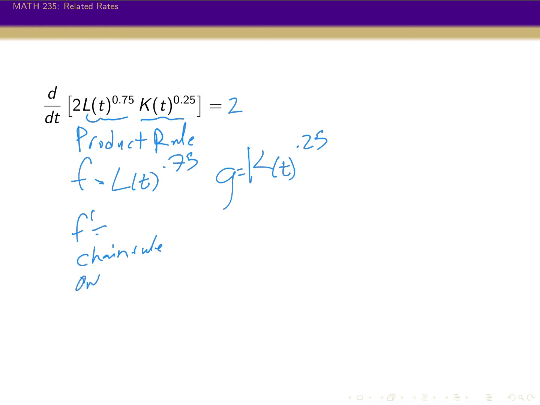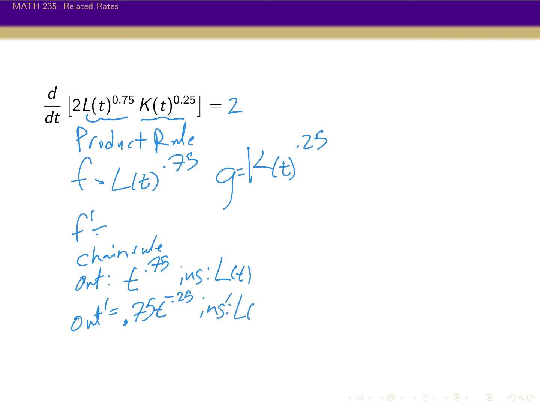And so we're going to use a chain rule where our outside function is t to the 0.75, and our inside function is just L of t. The derivative of the outside, that's the power rule, is 0.75t, and then subtract 1 gives me minus 0.25, and the derivative of the inside is L prime of t.